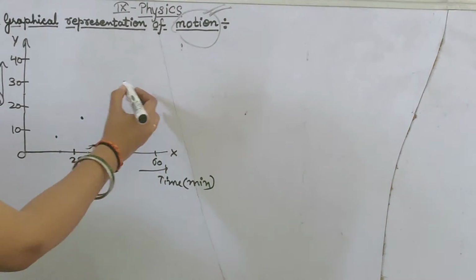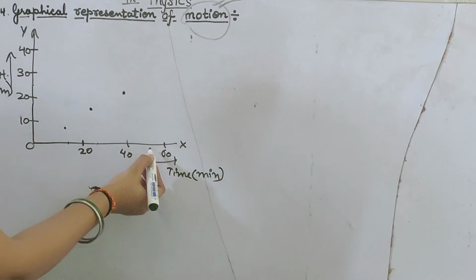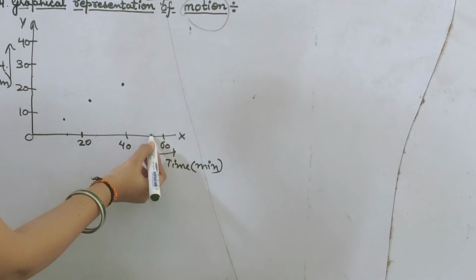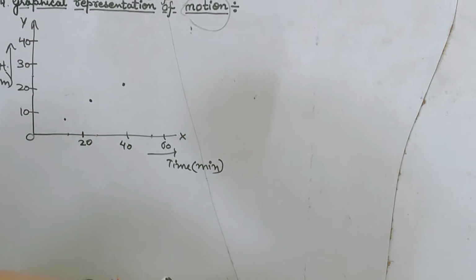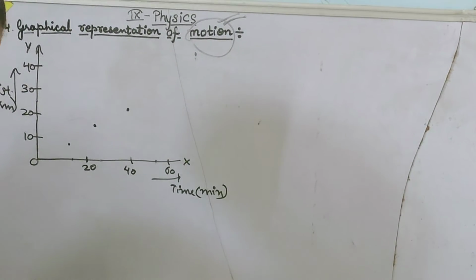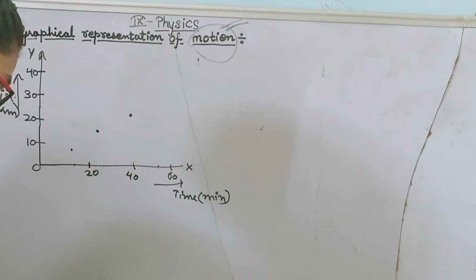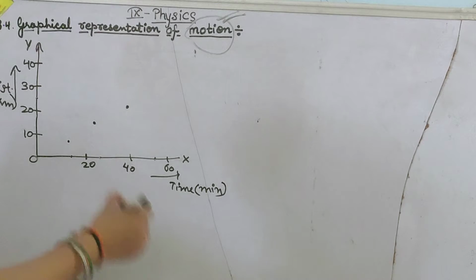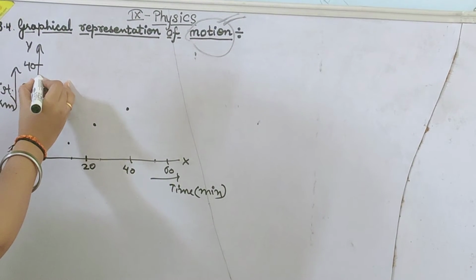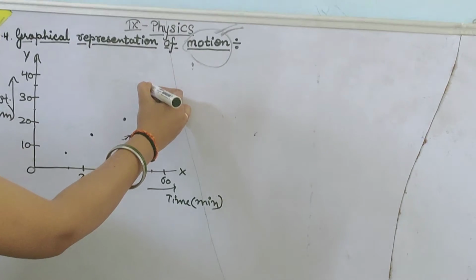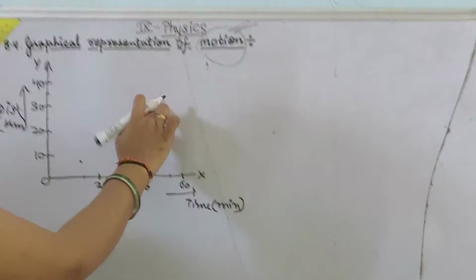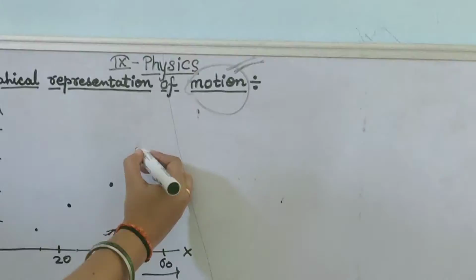55. The object has reached up to 55 minutes, somewhere here, and the distance it has covered is approximately 35 kilometers. So the point will be somewhat here.